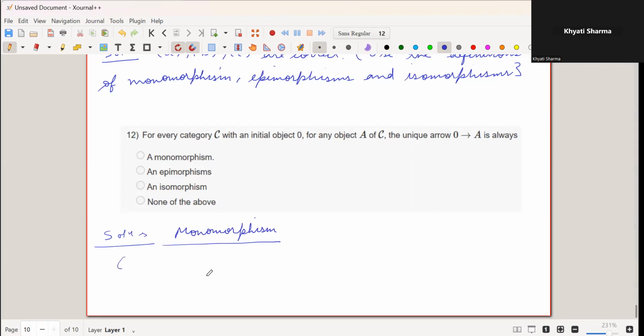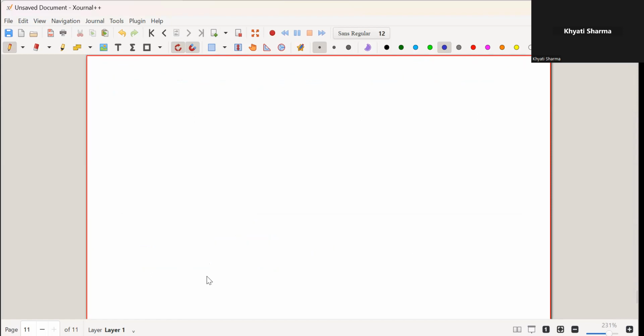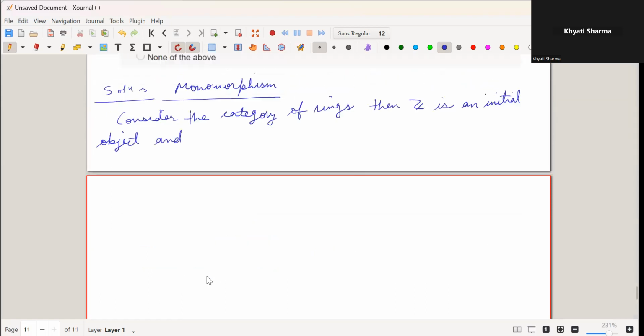So one can consider the category of rings, then Z is an initial object, and the map sending Z to 0.